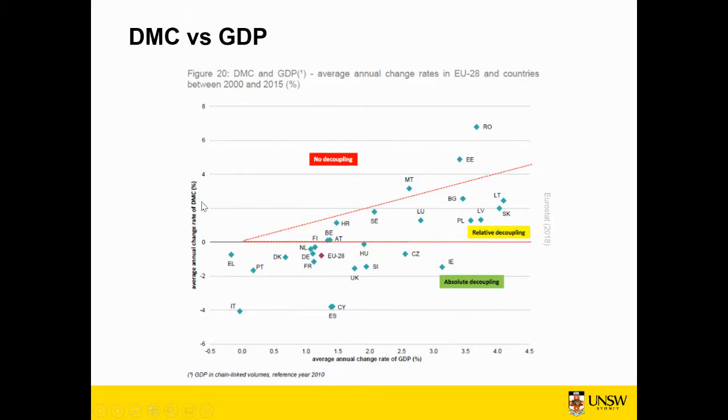But again, if you change this from domestic material consumption to a material footprint or a total material requirement, I'm not sure if this will be the same behavior, but possibly not.